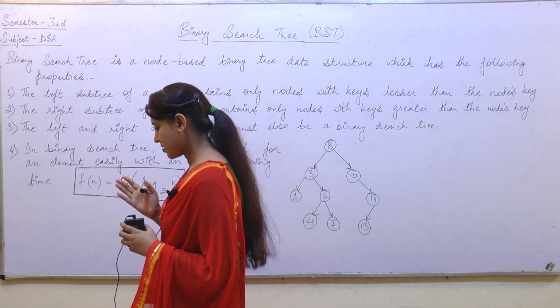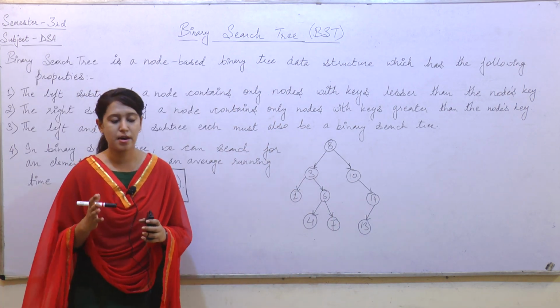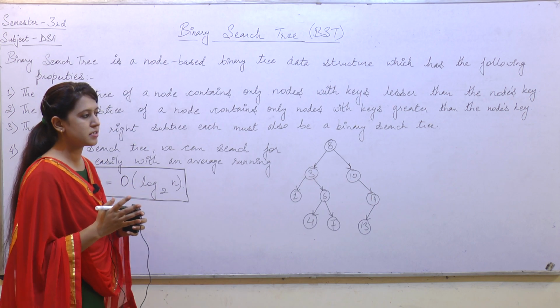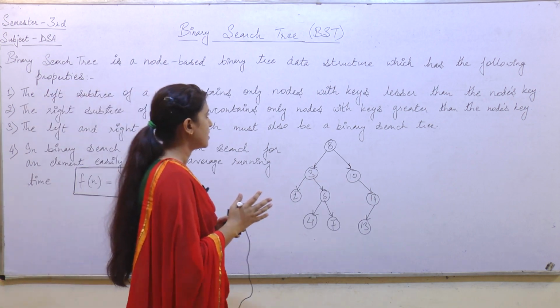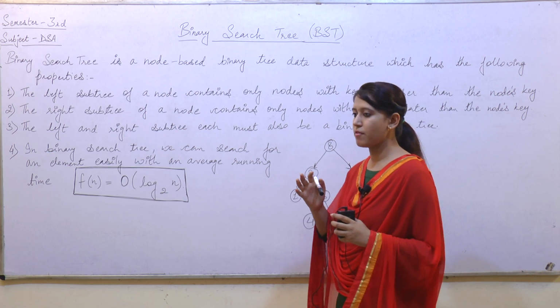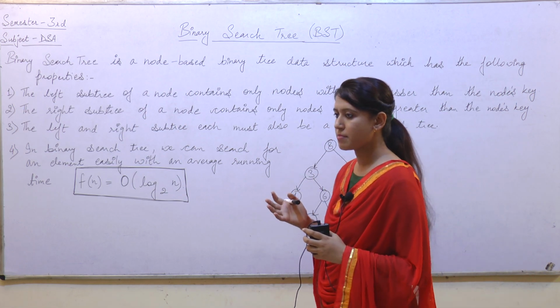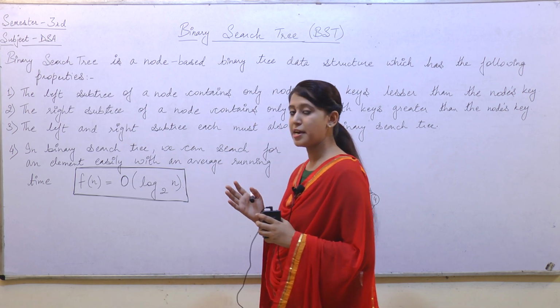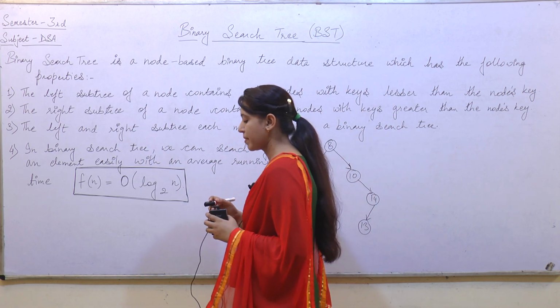Now let's discuss what is binary search tree. A binary search tree is a binary tree data structure which has certain properties. Now what kind of certain properties does a binary tree have that make it a binary search tree?